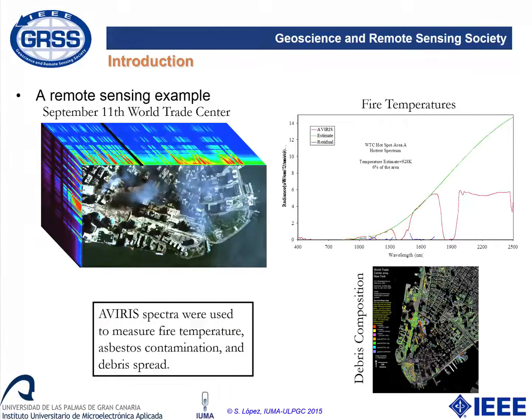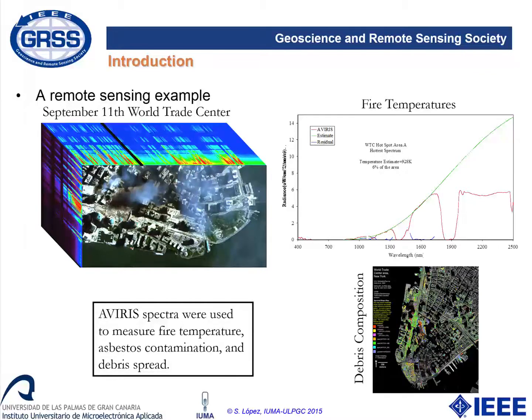So here are the two examples that I promised at the beginning of the presentation. The first one is a remote sensing example, and it is related to the images that were taken in the days after the terrorist attack of September 11 on the World Trade Center.